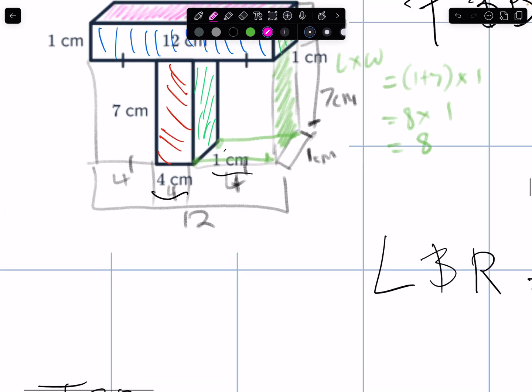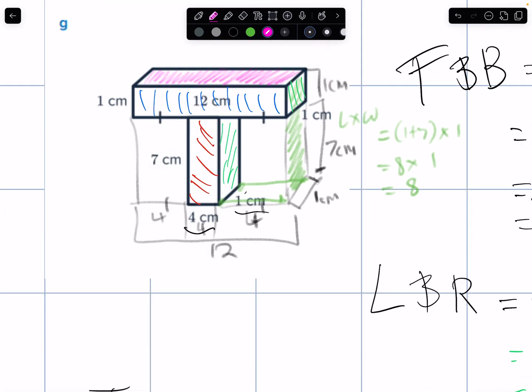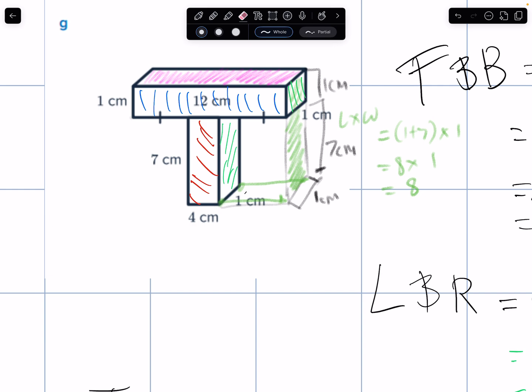Now, if you looked at the bottom, we'll go through it again. We went through it before, and you could draw it out. Looking at it from the bottom, you would see that same rectangle down there.